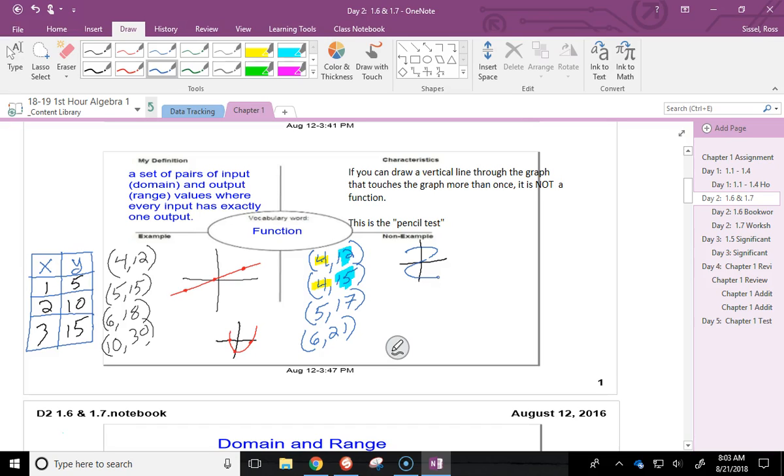If I did my pencil test and I did my vertical line straight up and down, I can see, and I'm going to mark it with red where the failure would be, like right here and here, my x coordinate is hitting two different y coordinates. Here and here and here. The x is hitting more than one y coordinate. So that is not a function.